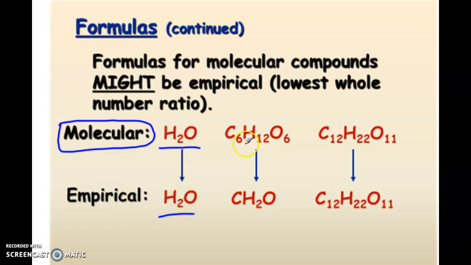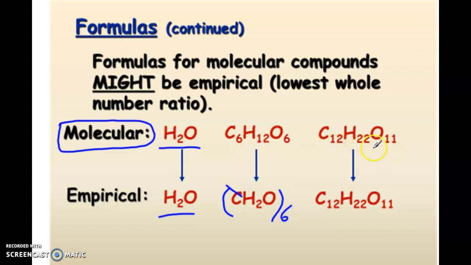Okay, but let's check this out. Here we have C6H12O6. This is glucose. Glucose has the possibility of being reduced. The empirical formula here would be CH2O. If we had to apply the factor to go backwards, it would be 6.